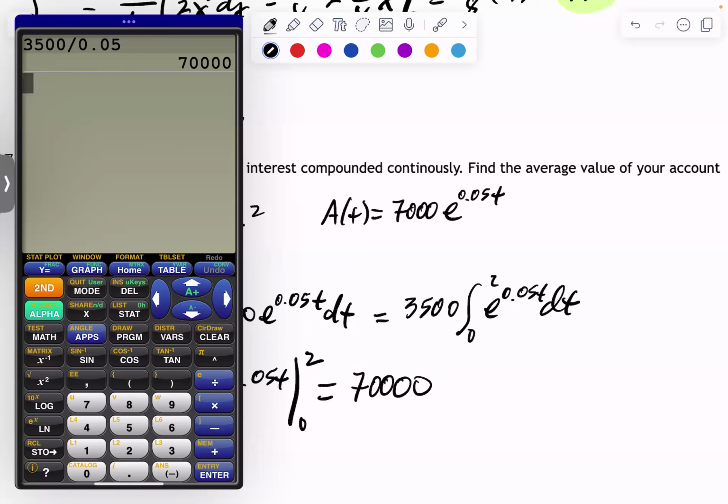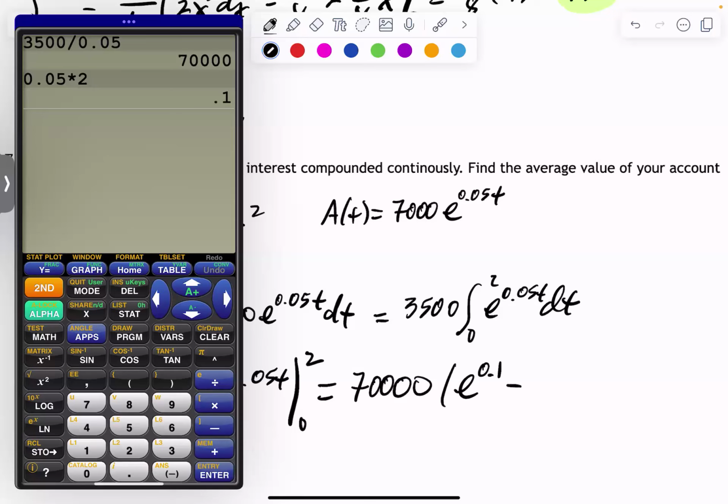And this becomes e to the 2 times 0.05, which is 0.1, minus e to the 0, which is just 1. And so let's figure out how much money that actually is.